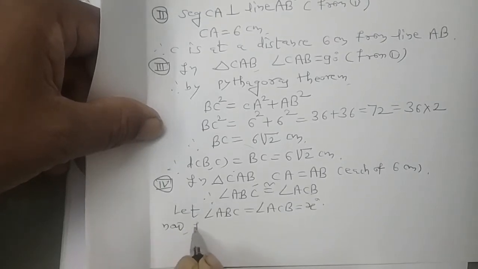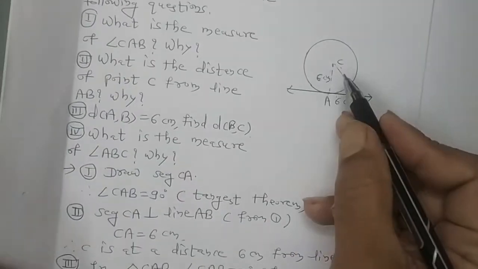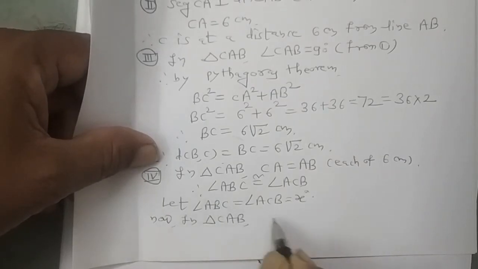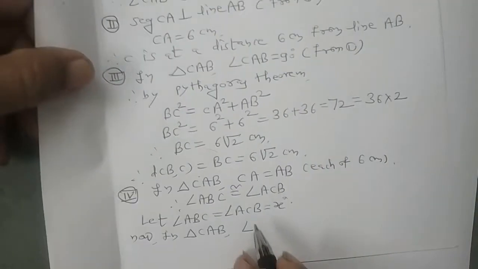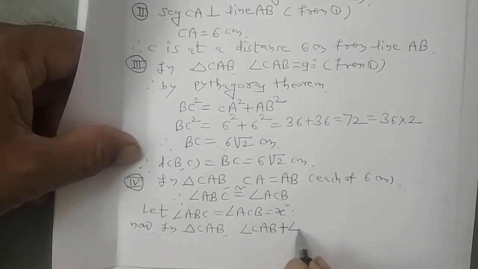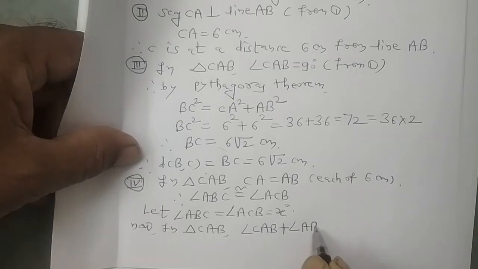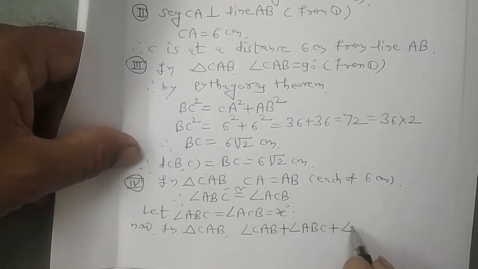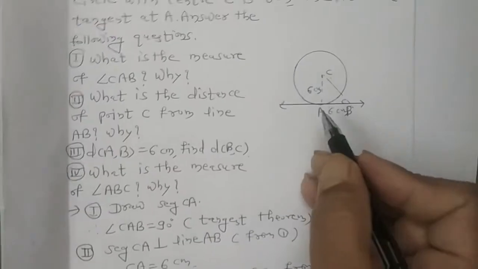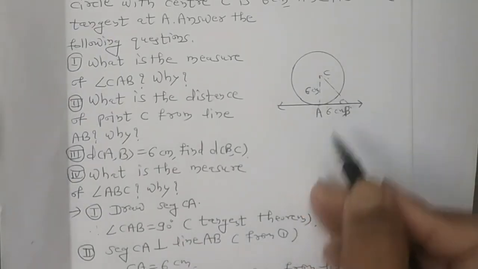Now in triangle CAB, angle CAB plus angle ABC plus angle ACB is equal to 180. That is sum of all angles of this triangle.